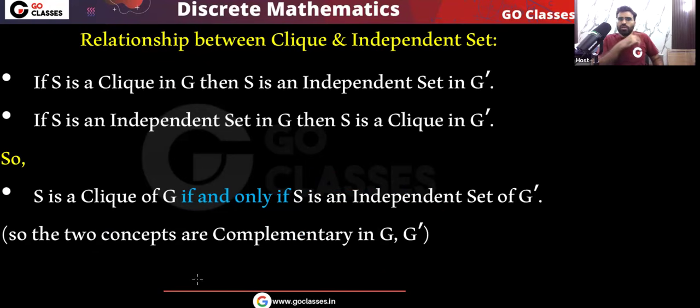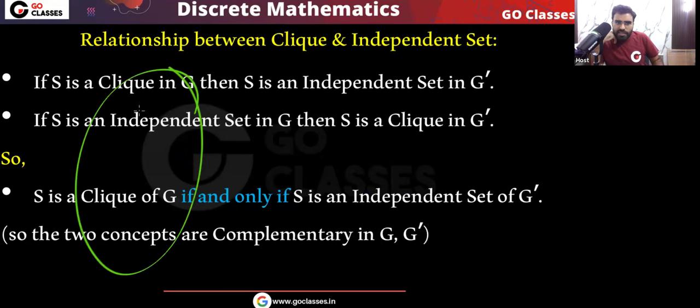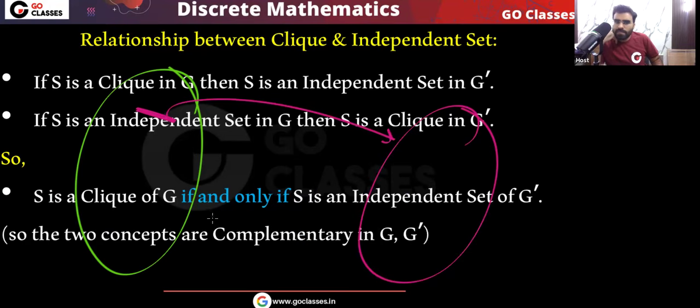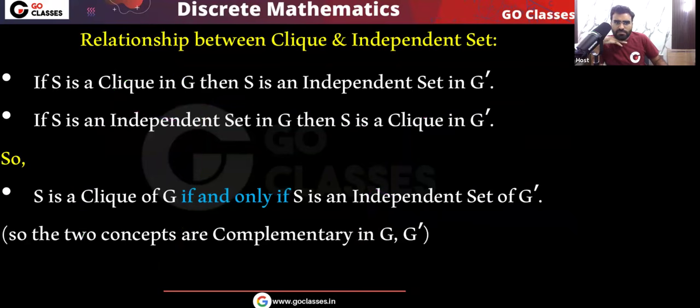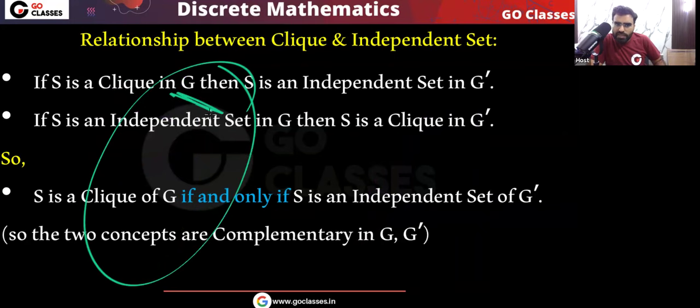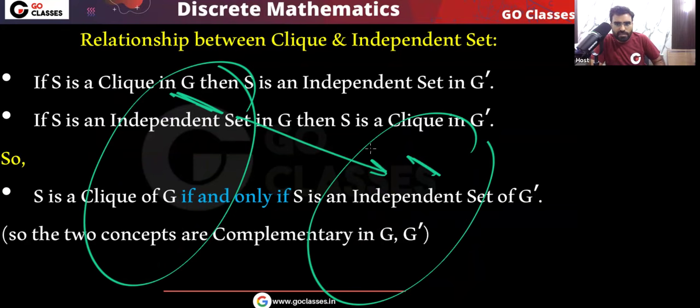Okay. So you can notice one thing. In graph G, every independent set has a corresponding clique in the G complement. And in graph G, every clique has a corresponding independent set in the G complement. So again, there is a bijection. Yes or no? You can see in graph G, every independent set will have a corresponding unique clique in the G complement.